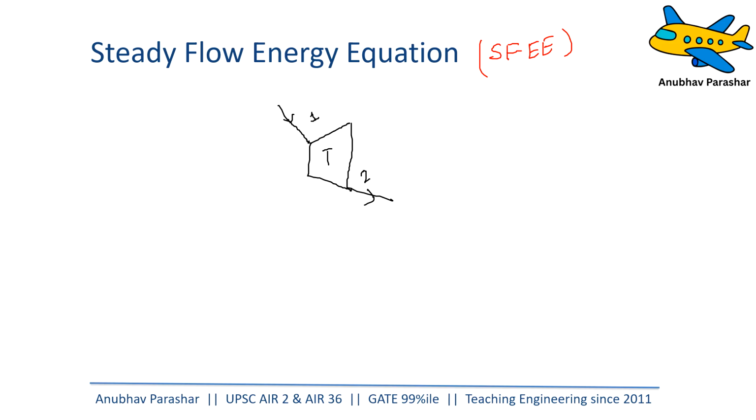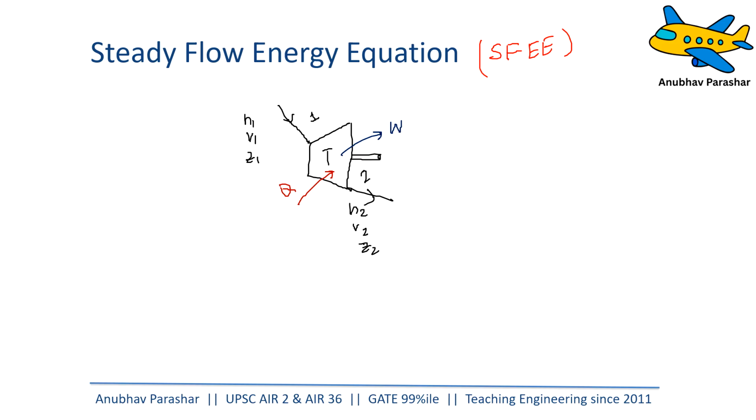So the properties at inlet are H1, V1, Z1, and at exit H2, V2, Z2. And some amount of heat is being transferred into the system, and some amount of work is being done by the system. Generally the kind of work that the turbine is going to do is shaft work. So work is being done by the system.